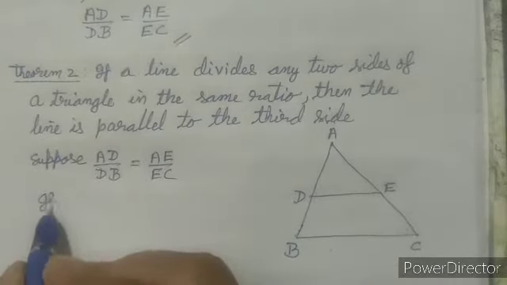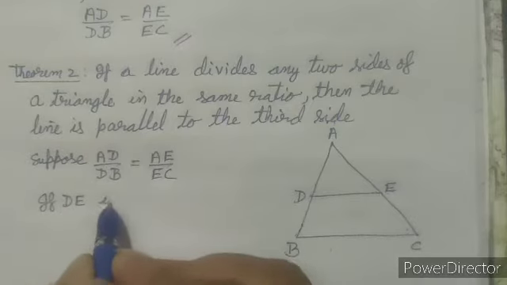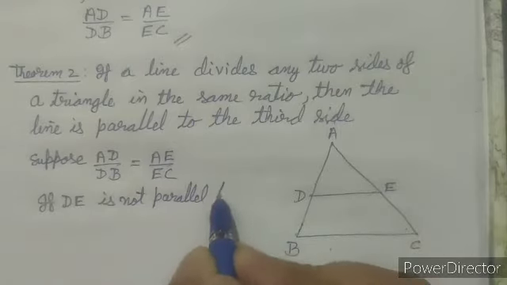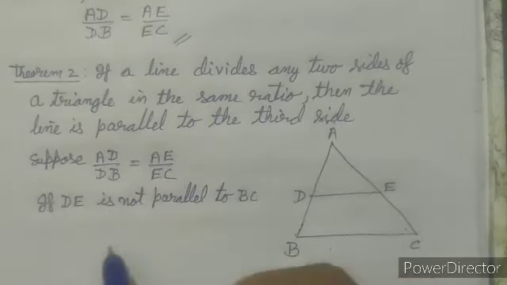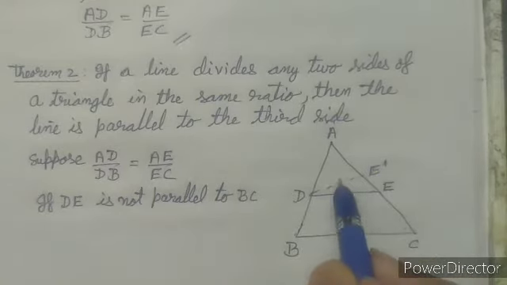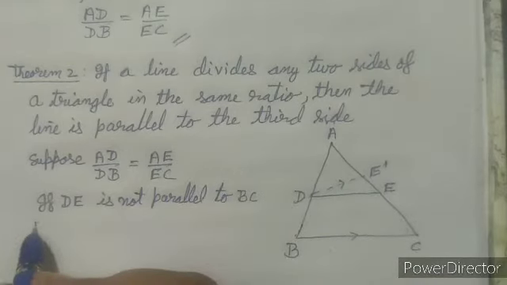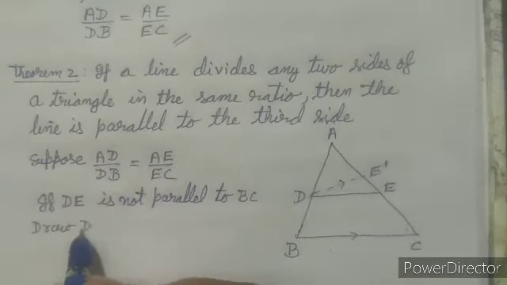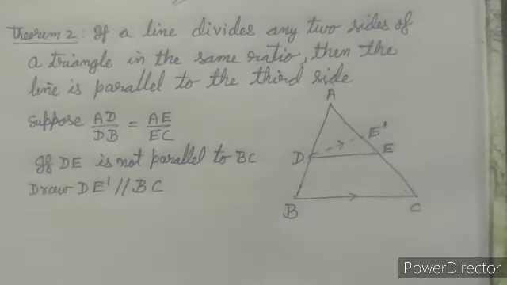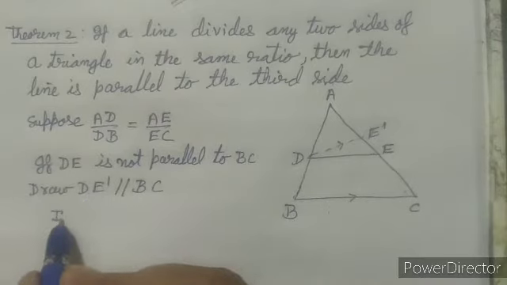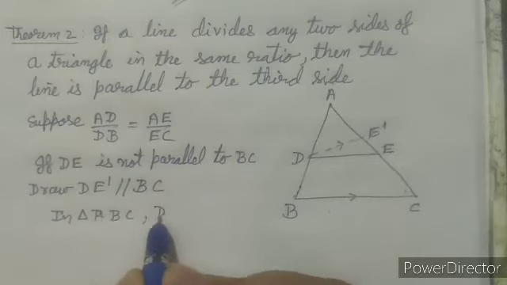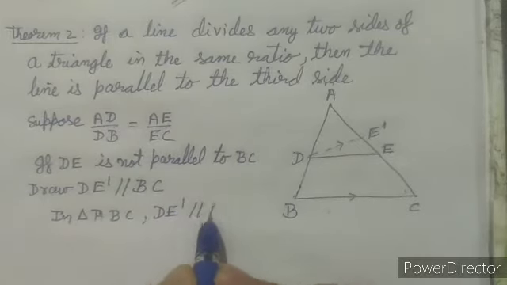Now if this DE is not parallel to BC, we can draw DE dash parallel to BC. Now in triangle ABC, DE dash is parallel to BC.